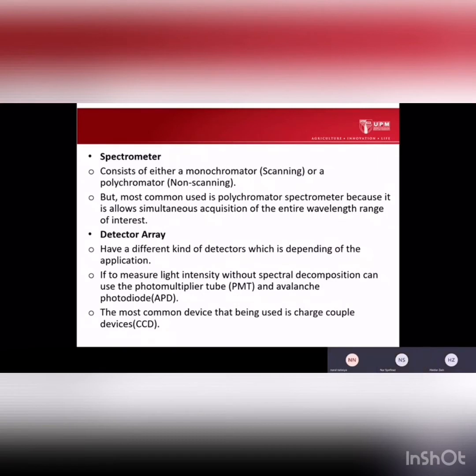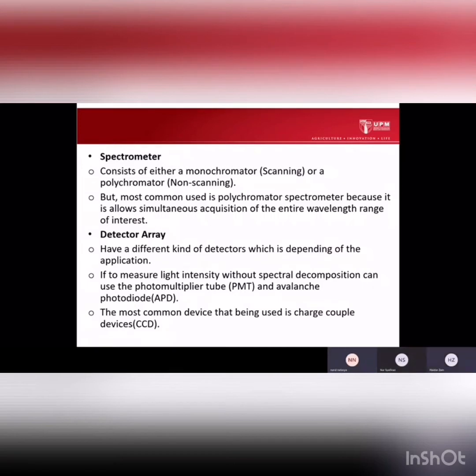Okay, the last part is the detector array.